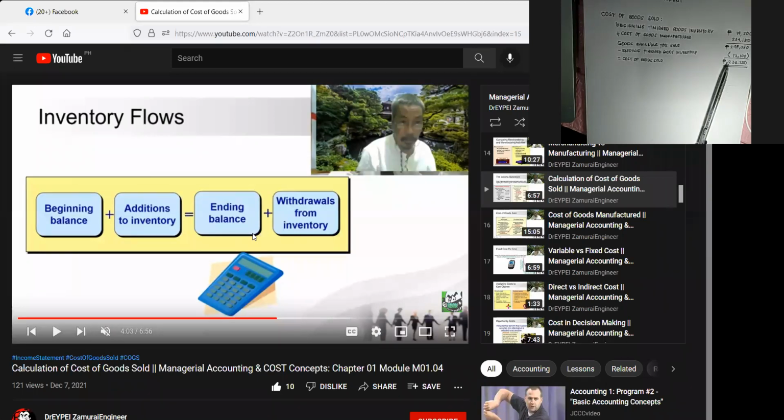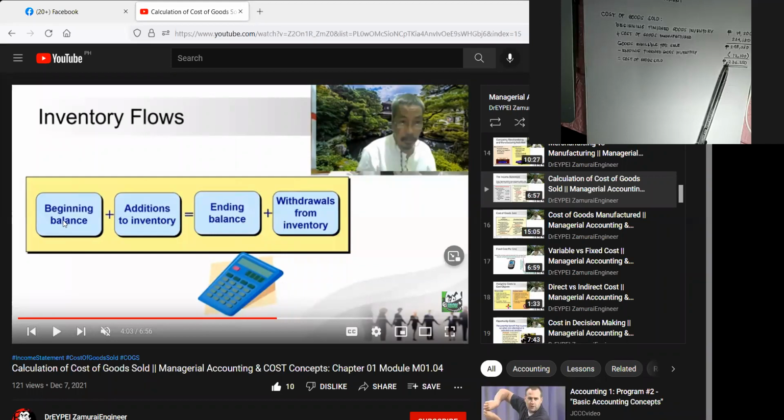Unlike if you are just buying one sack per month, for example. That is a different story. So that's why you have additional expenses.